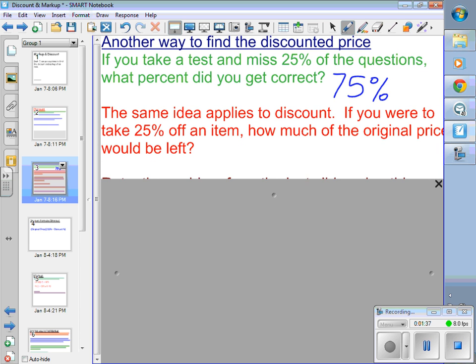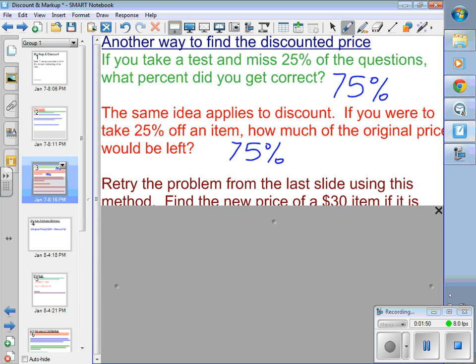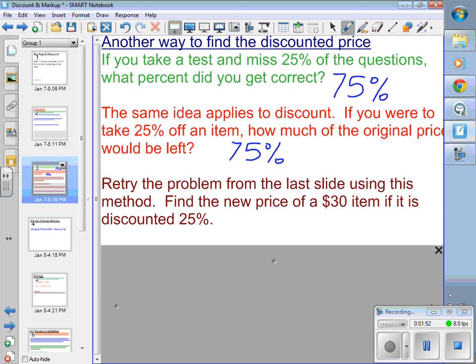The same idea applies to discount. If you were to take 25% off of an item, how much of the original price would be left? 75%. So if we retry the problem from the last slide using this method, we're going to find the price of a $30 item with a discount of 25%.